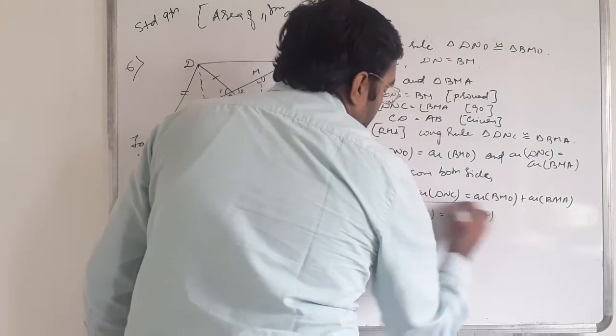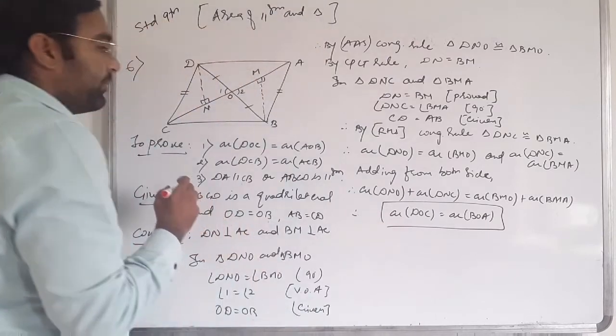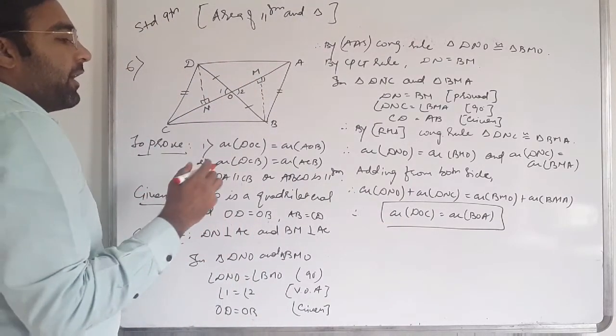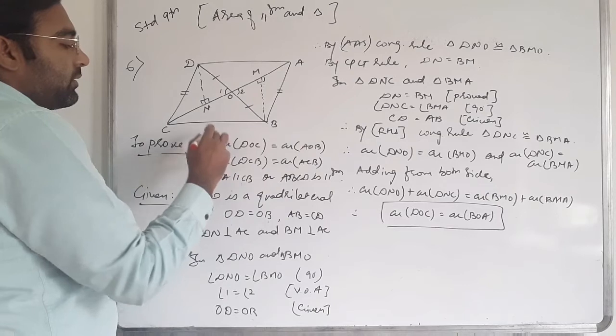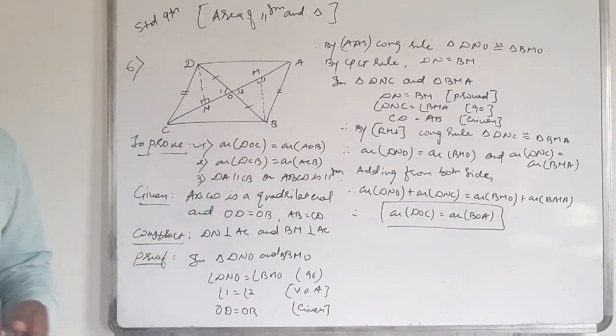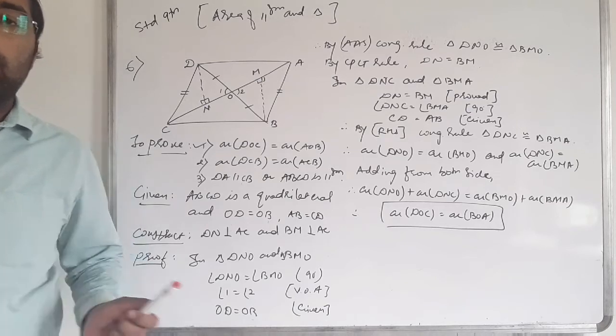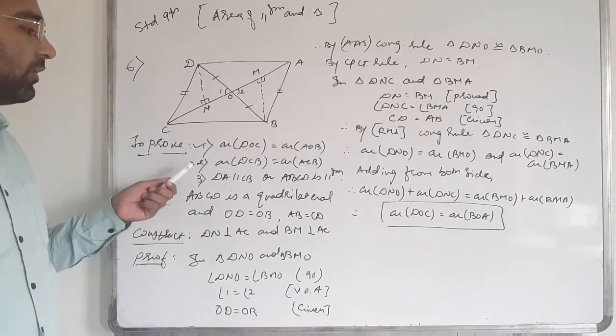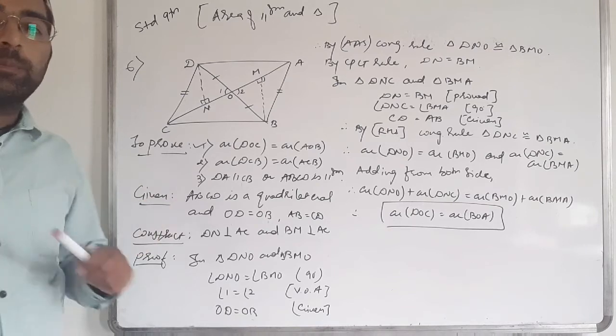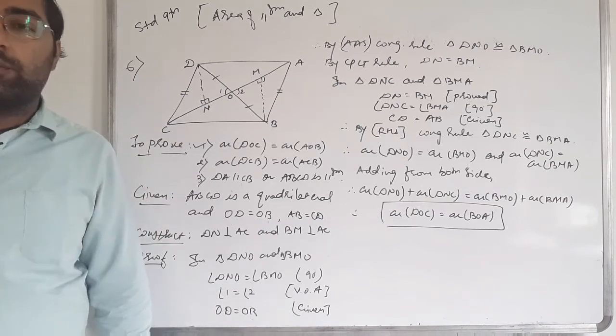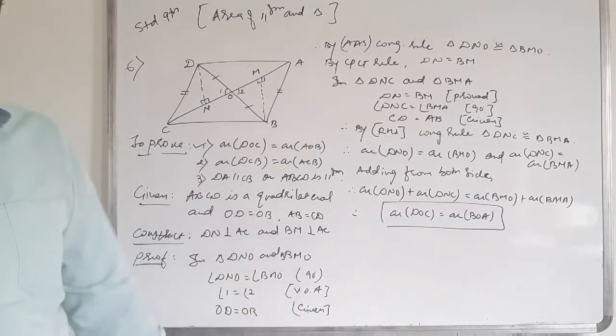Here the first thing is proved: area of AOB and DOC. Clear? So first please note down this part. After that we will move to proving the second and third.